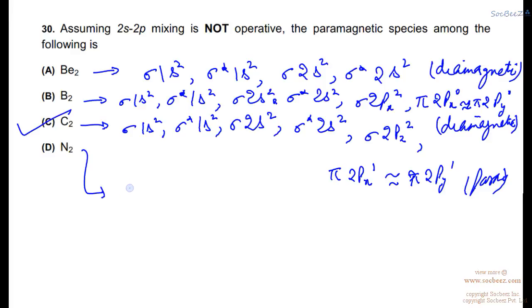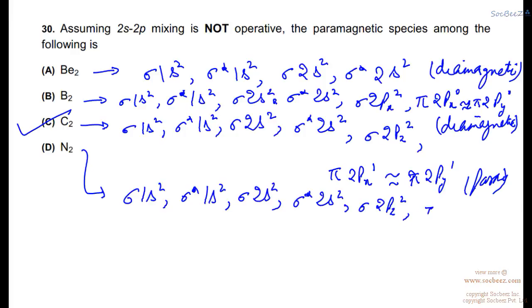And now to confirm, the arrangement for N2 is sigma 1s2, sigma star 1s2, sigma 2s2, sigma star 2s2, sigma 2pz squared, and then pi 2px2 and pi 2py2.